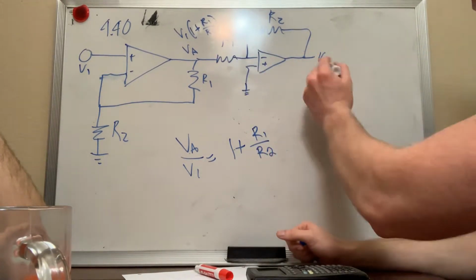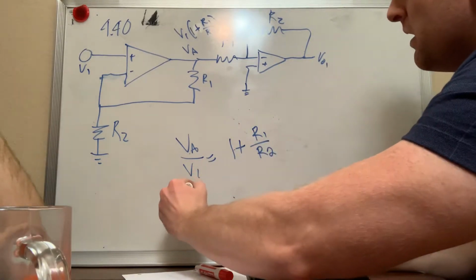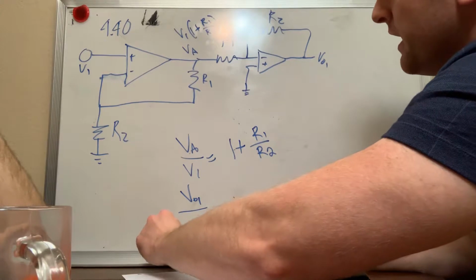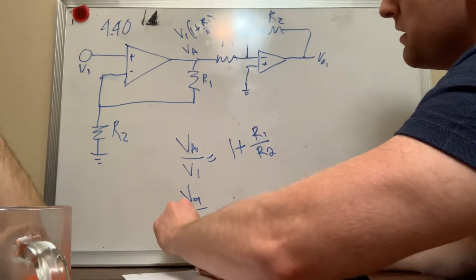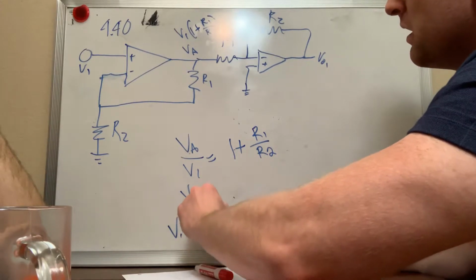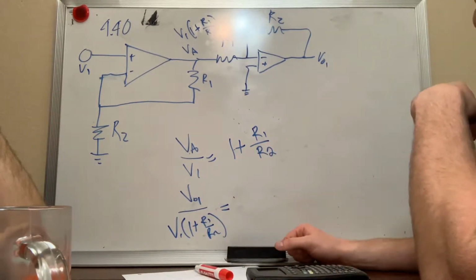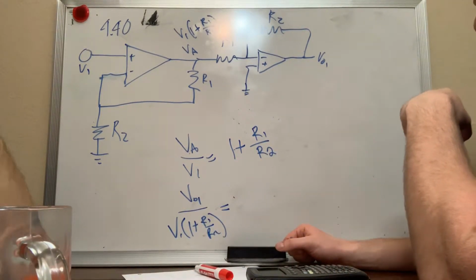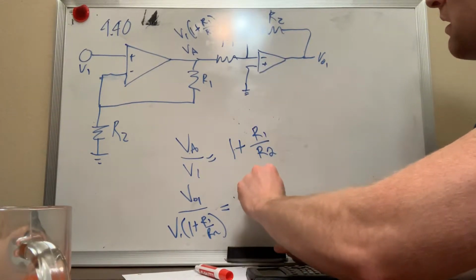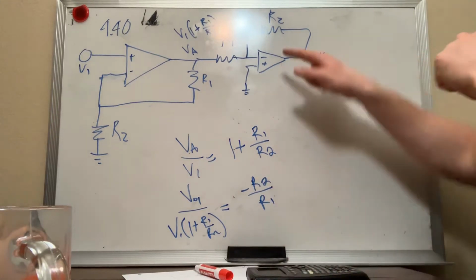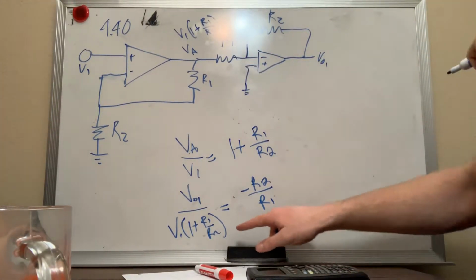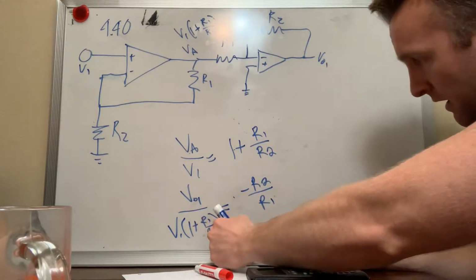So we know that Vout1 divided by the input, V1 times 1 plus R1 over R2, equals negative R2 over R1. Right, negative R2 over R1. Okay, so this is messy, sorry.